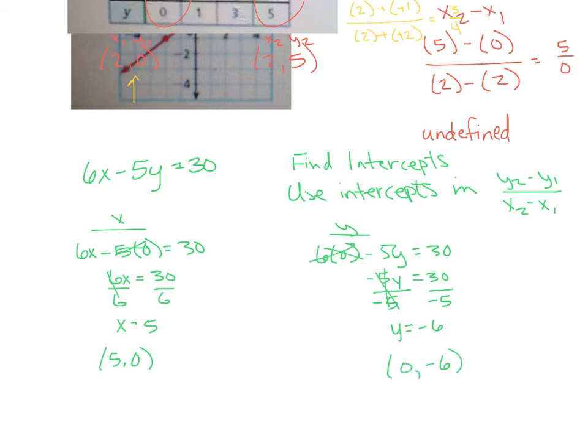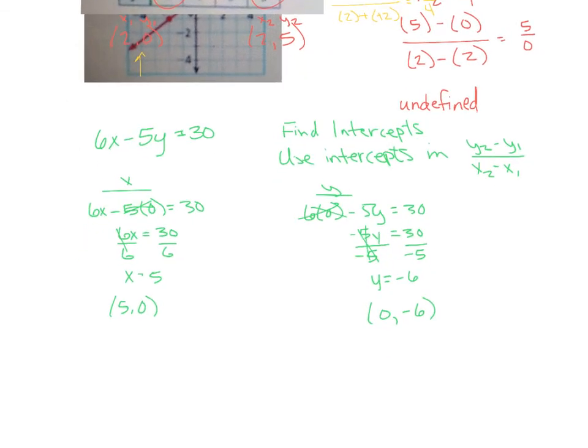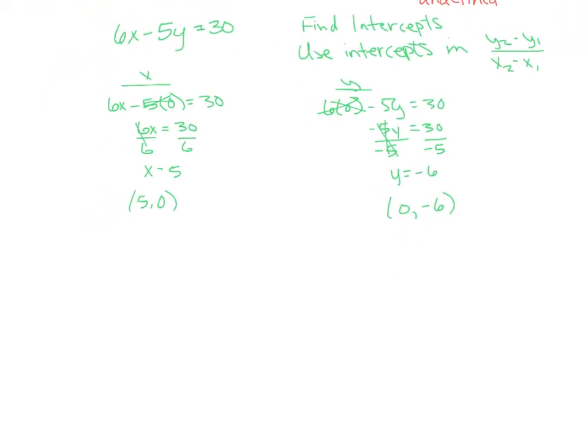So now we use those 2 points for the slope formula. We can say that this is x1, y1. We can say this is x2, y2.